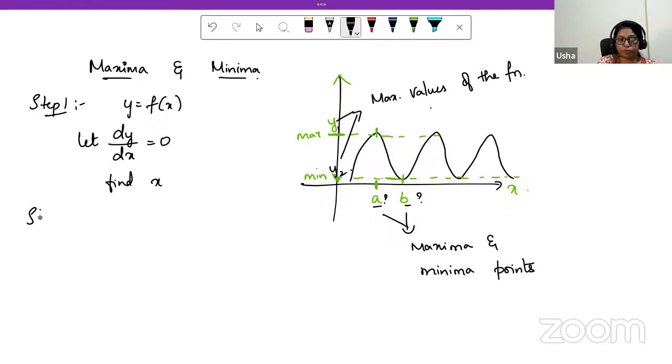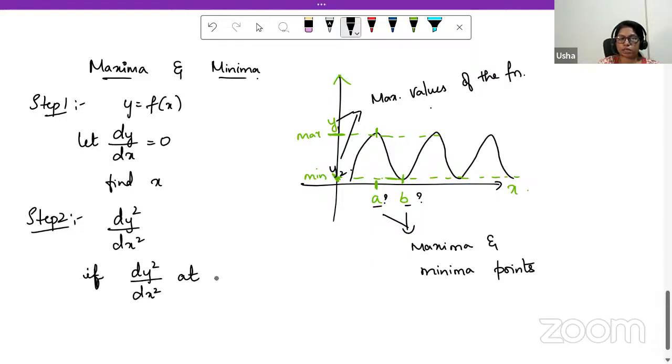Now step 2. Find d square y by dx square. That is, you have differentiated it once, right? Differentiate it again. After differentiating again, if d square y by dx square at x equals a is negative, less than 0, then x equals a is a point of maxima.